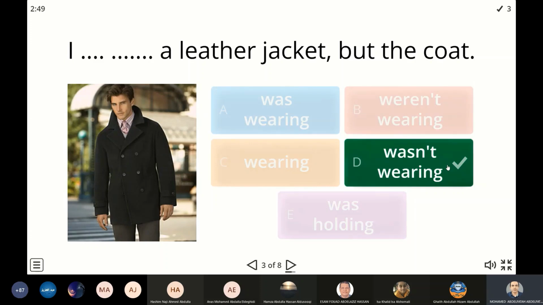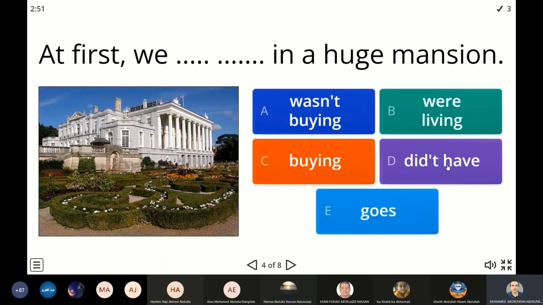Number 4. At first, we in a huge mansion. Teacher, what is the meaning of mansion? It's a big villa, okay? It's a very big and attractive building. At first, we were living in a huge mansion. Wasn't? Of course not.